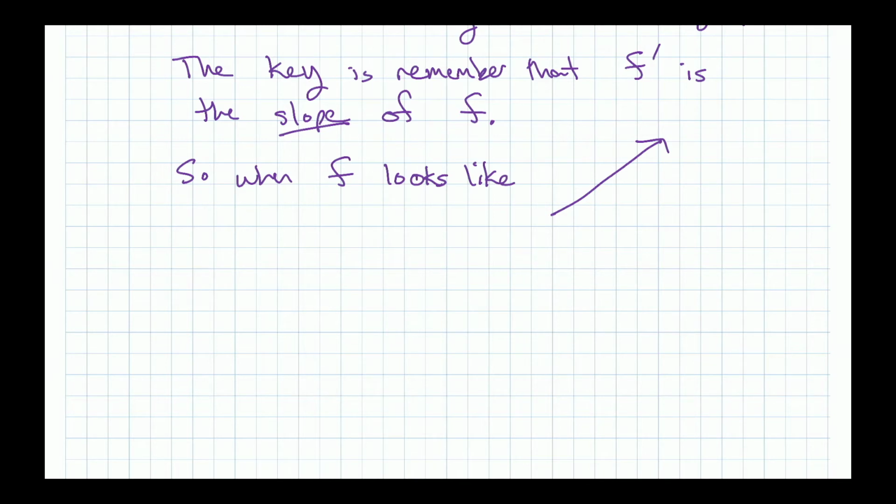That's a positive slope, right? So slope is positive. And if the slope is positive, then the derivative is positive because the derivative is the slope. And f prime is positive.